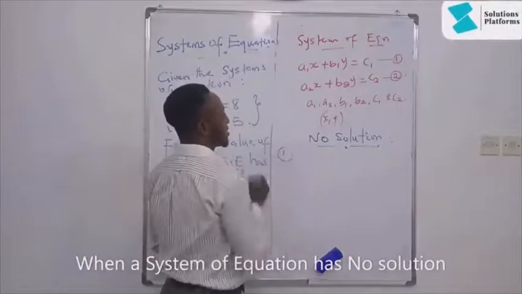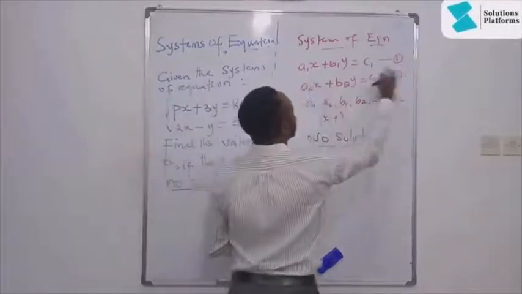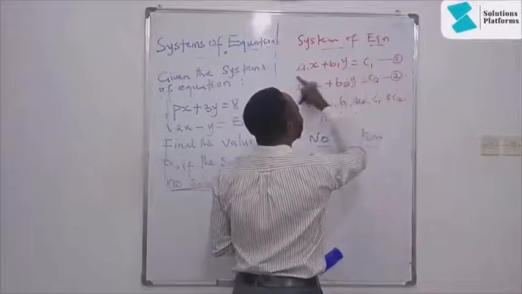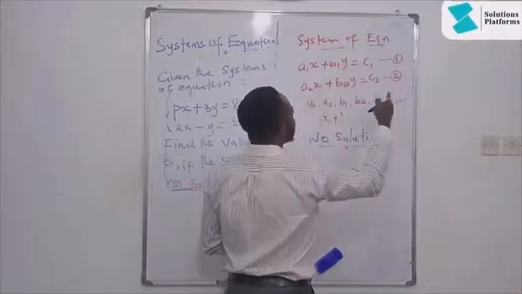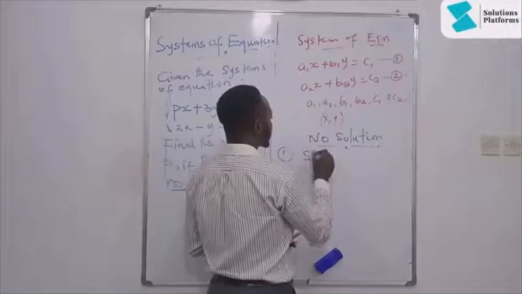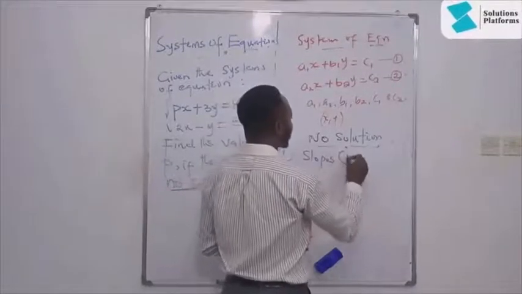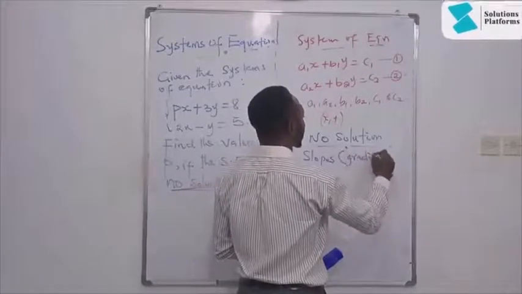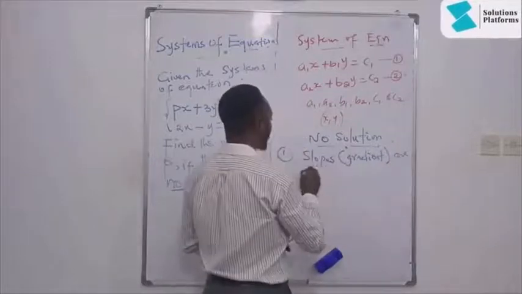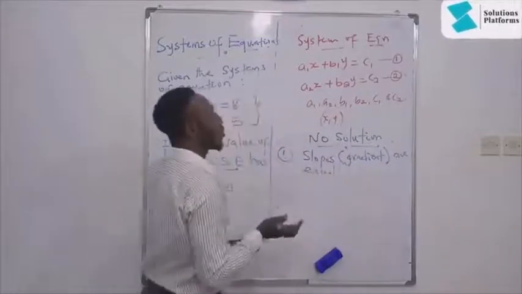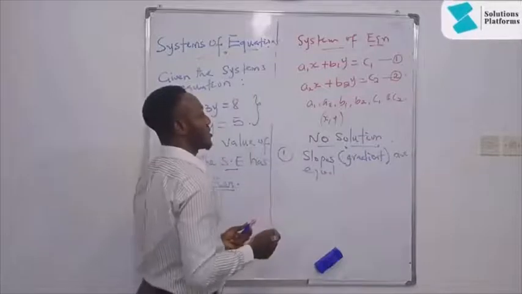First thing is that the gradient from here and the gradient from here are equal. So their slopes or gradients are equal. That's one implication when a system of equation has no solution.